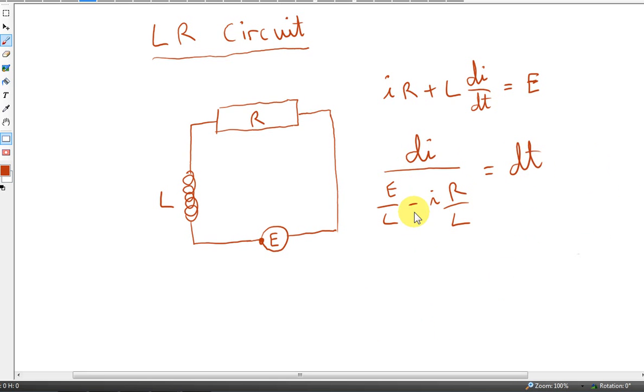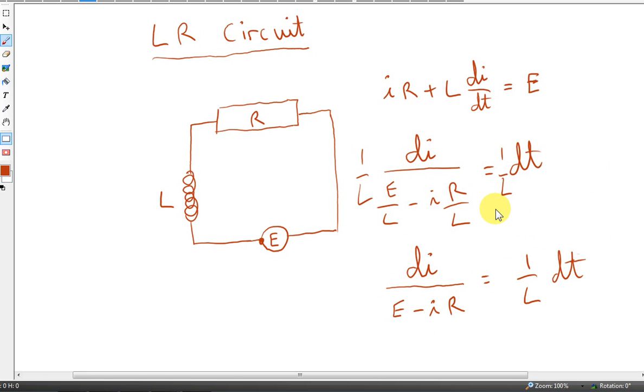How could we make this a little bit easier to read? Well, we could maybe multiply both sides by 1 over L. So we get dI over L times this thing here, which will just give us E minus IR, and we multiply the right hand side by 1 over L.